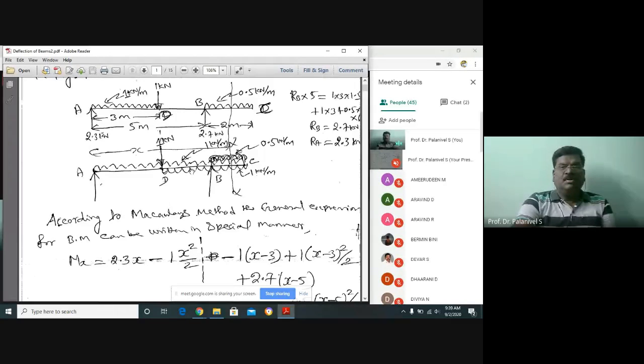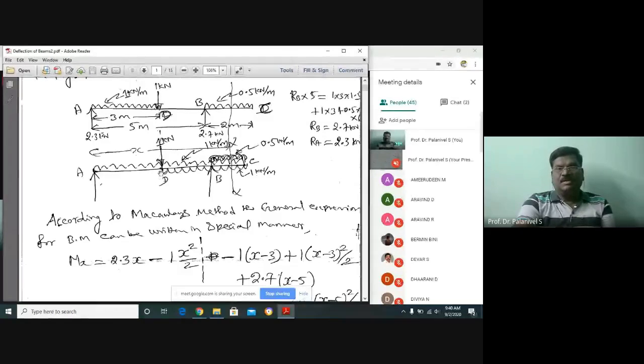1 into, how do you write? The section is here, so from here it is x minus 3. That is the spread length of this UDL. Because the section is here, the spread length of the upward 1 kilonewton UDL is 1 into x minus 3.